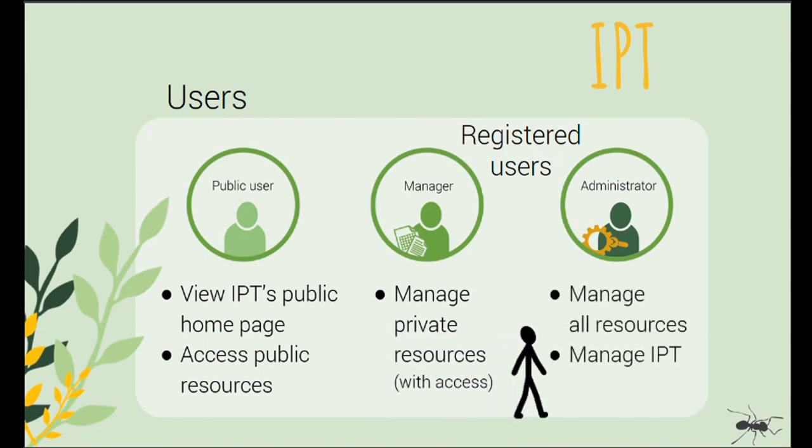An administrator is a super manager who can manage all of the resources, public and private, on a given IPT installation, modify the IPT settings, and configure user and organization accounts and registration. The role of the administrators is to enable and facilitate the work of the managers across the community and to maintain the IPT installation.